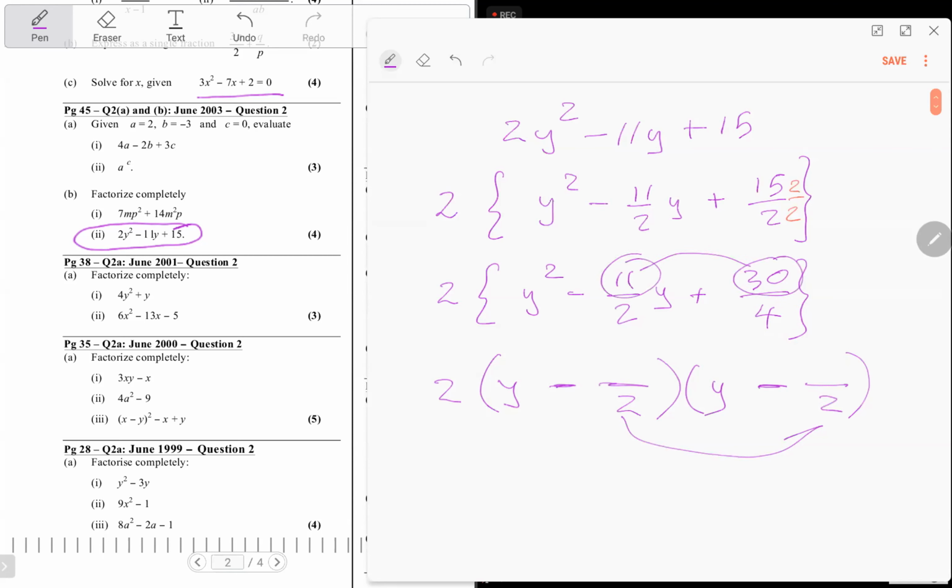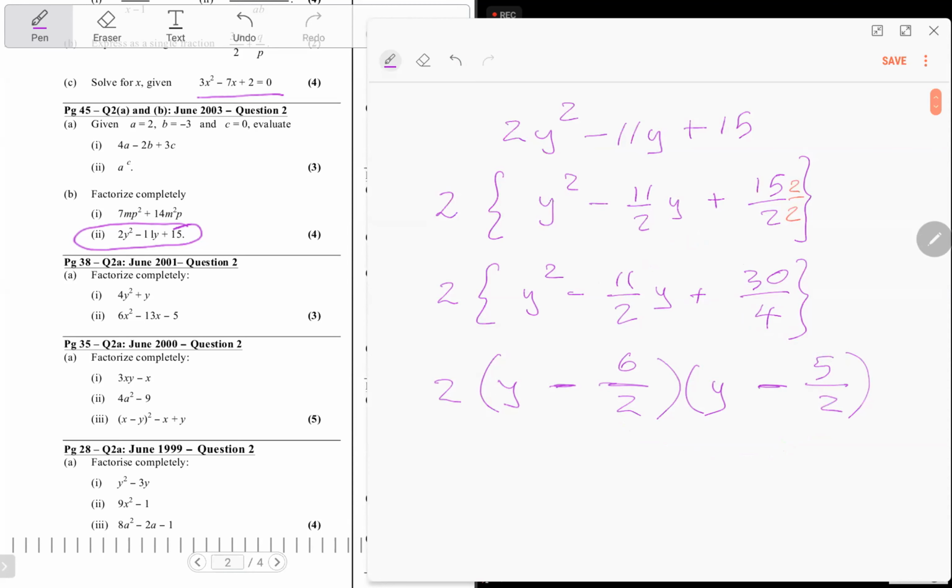So I want factors of 30 that add to 11, adding because of the plus. Factors of 30 that add to 11 are 5 and 6.